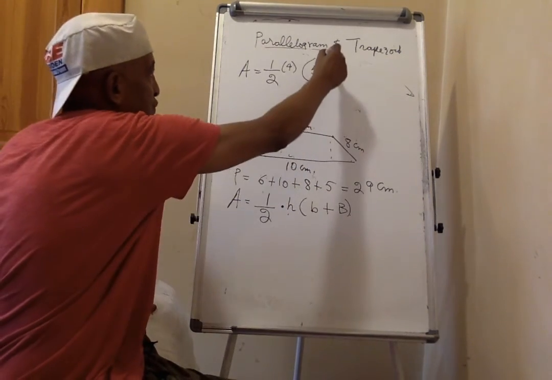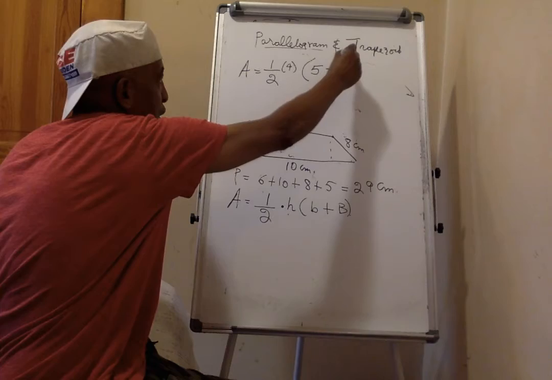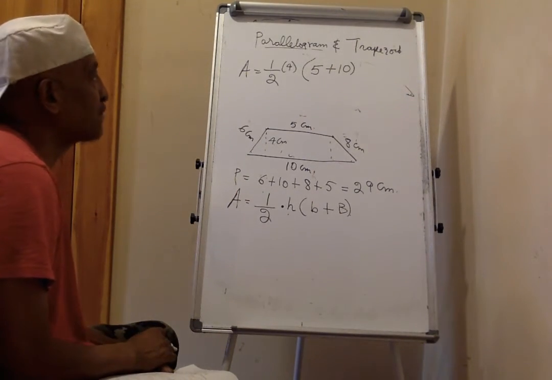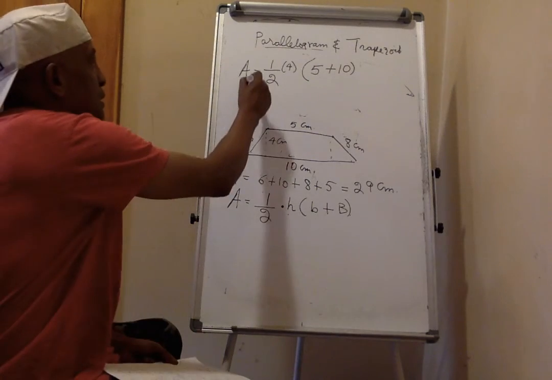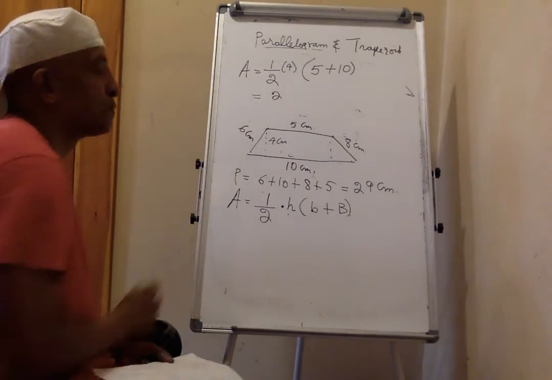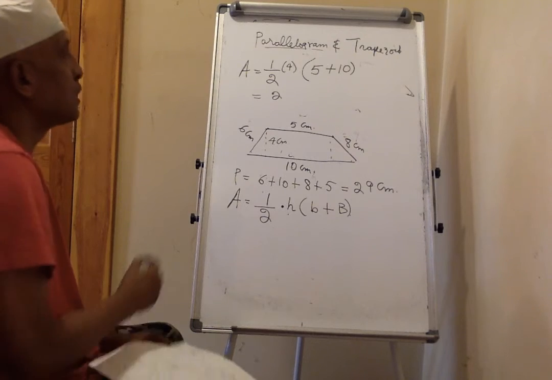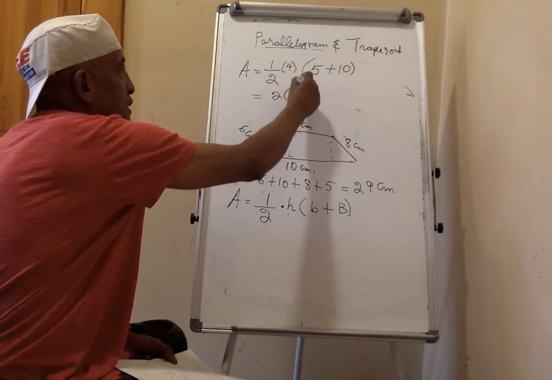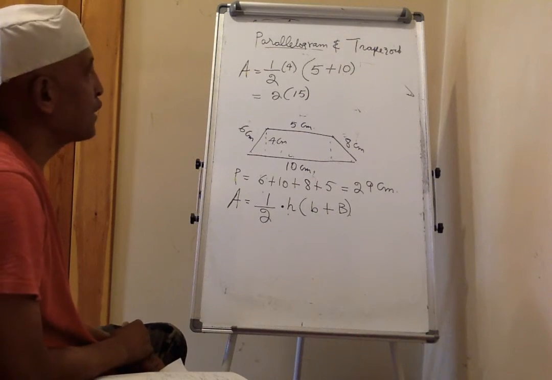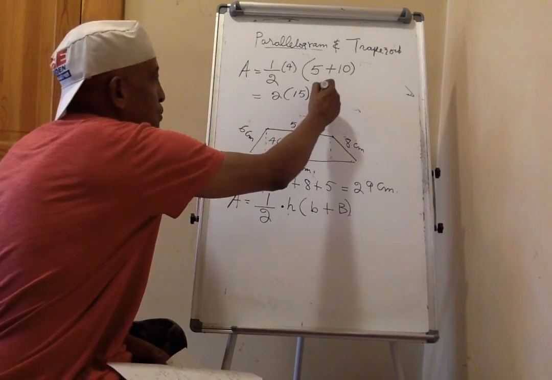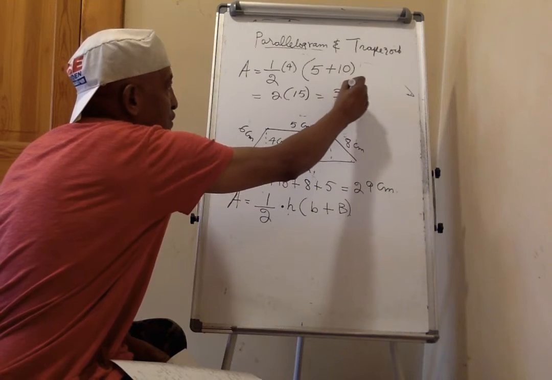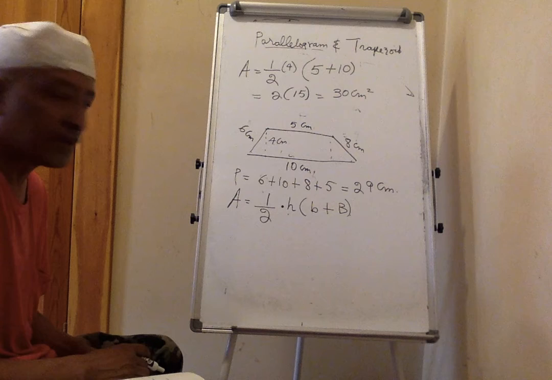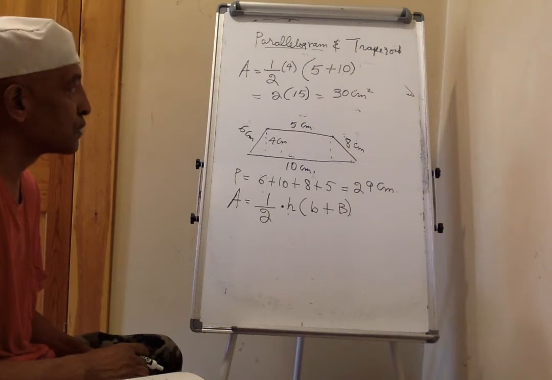Your larger base is 10, and then solve it. Mind you, half times 4 would be just 2, right? And then 5 plus 10 is 15, okay? And then multiply 2 times 15, it would be 30 centimeters squared. That's it. That's the area of the trapezoid, okay?